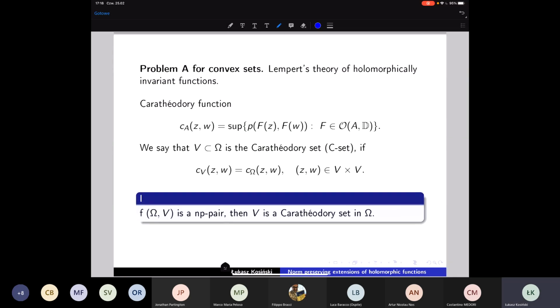Let me introduce the following invariant function. This is called the Carathéodory function. C_A of z, w is the supremum of rho of f(z), f(w), where f is a holomorphic function on A with values in D. Here, rho is the hyperbolic distance, the Poincaré distance on the disk.